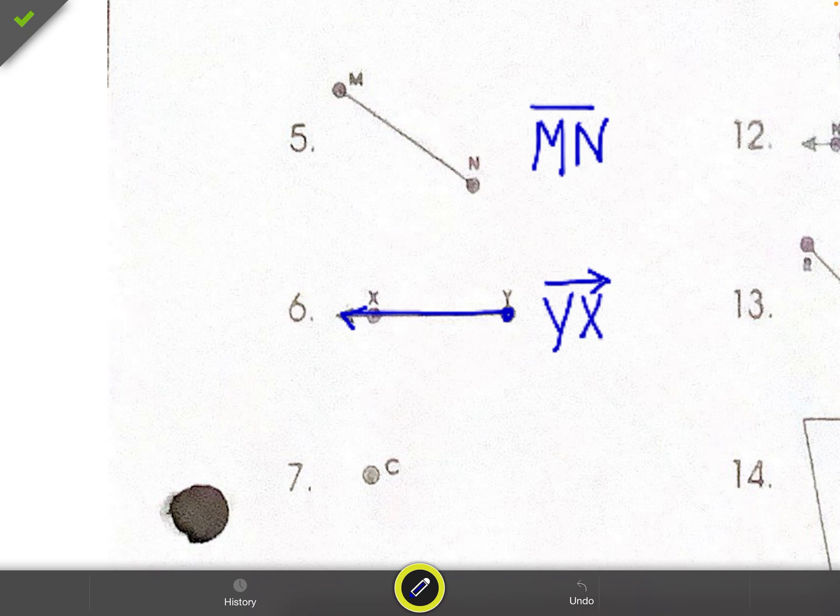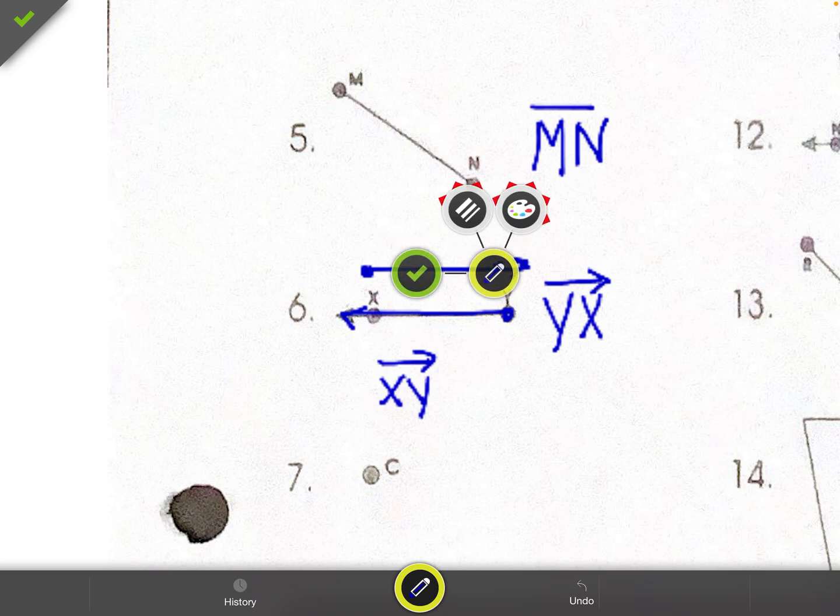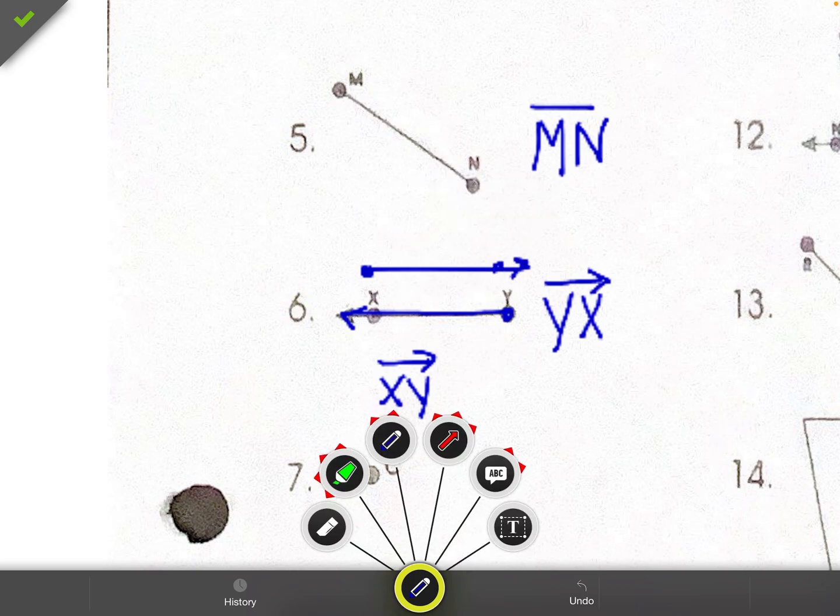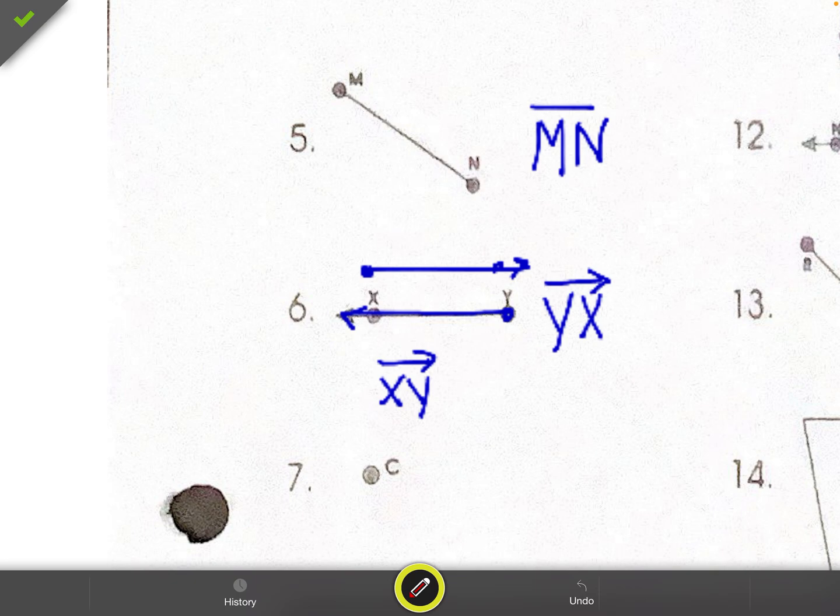We could not call this ray XY. If we called it ray XY, we would be saying it starts at X, goes through Y, and keeps on going, and that is not what's happening. So yes, you can get this one wrong if you go too fast. Always start at this point to name a ray.